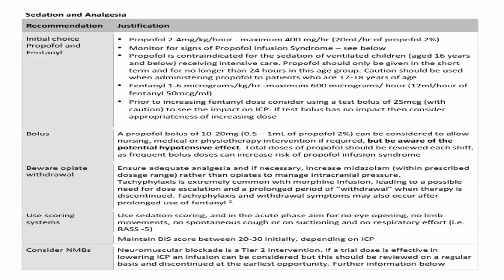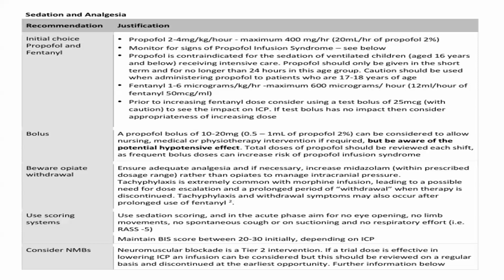Then be aware of opioid withdrawal. Ensure adequate analgesia and, if necessary, increase midazolam rather than opioid to manage intracranial pressure. Tachyphylaxis is extremely common with morphine infusion, leading to a possible need for dose escalation and a prolonged period of withdrawal when therapy is discontinued. Tachyphylaxis and withdrawal syndrome symptoms may also occur after prolonged use of fentanyl.